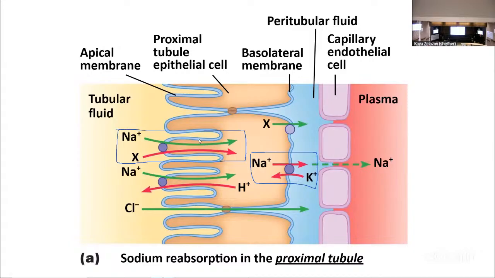So sometimes it's helping us carry other solutes with it. Sometimes it's doing counter transport with hydrogen ions. But overall, we know that sodium is following this gradient set up by the sodium potassium pump to ultimately be reabsorbed into the plasma.